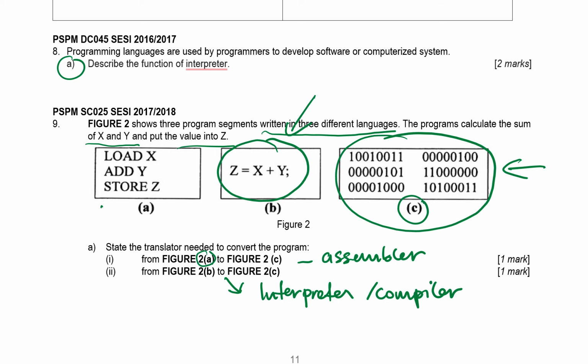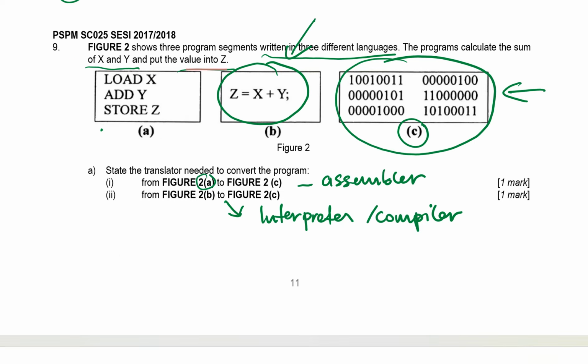This one is general, and this one is an expression only. So of course this one is a high level language, and the answer is interpreter or compiler. Okay, next.